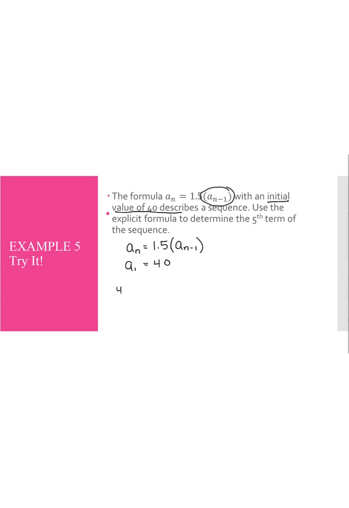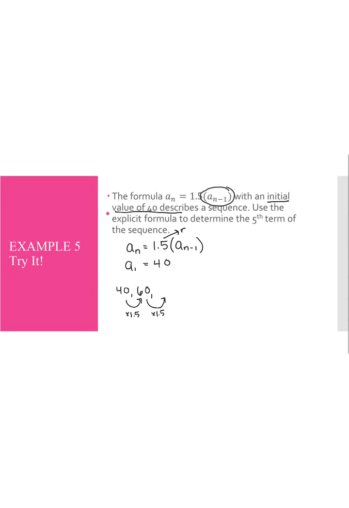So we have a sequence that starts at 40, and then it is multiplying by 1.5 in order to get the next term. So the next one would be 60. And then the term after that, I would multiply by 1.5 in order to get that. Now, I could, in this case, pretty easily continue this pattern in order to figure out what the fifth term is, because 5 terms isn't too bad.